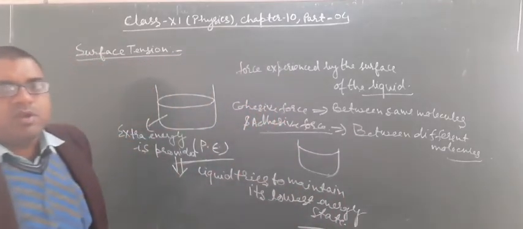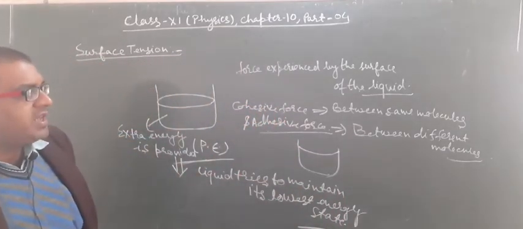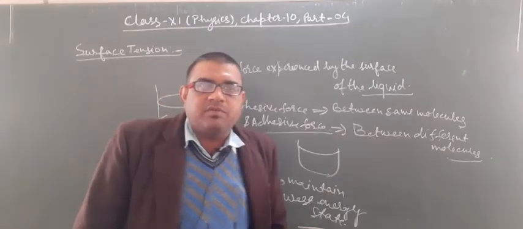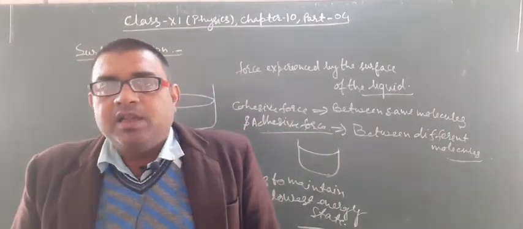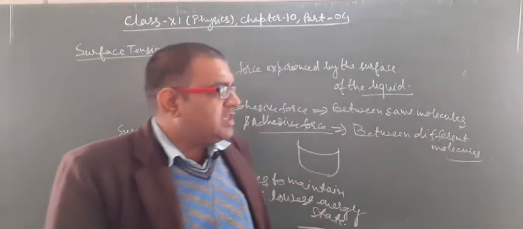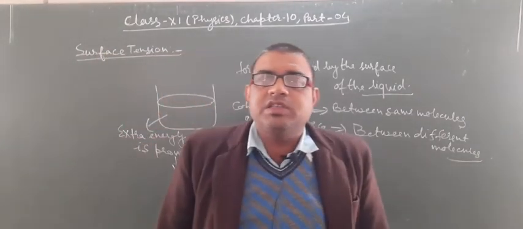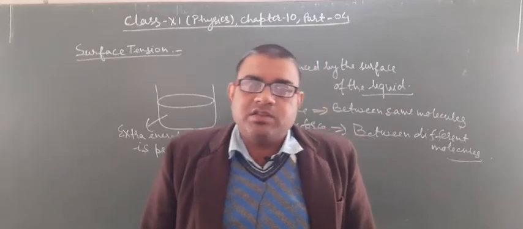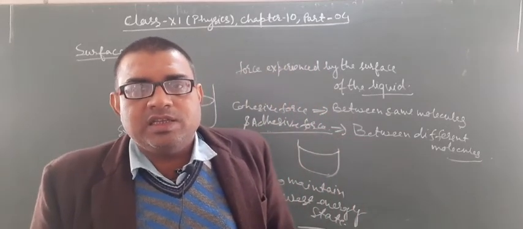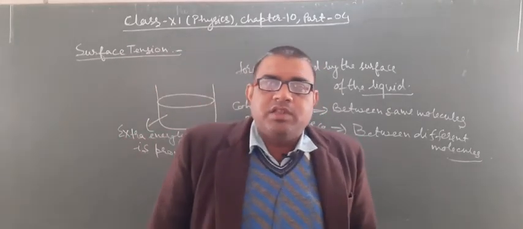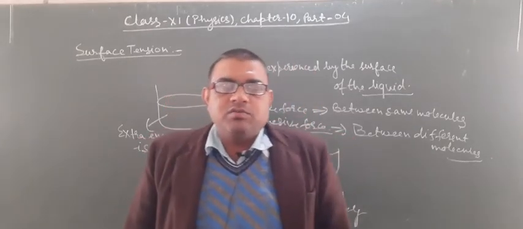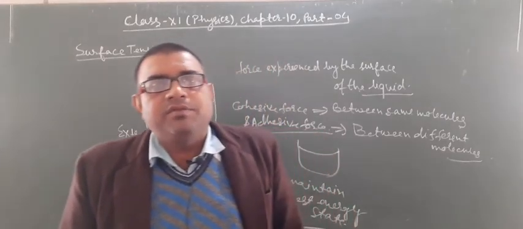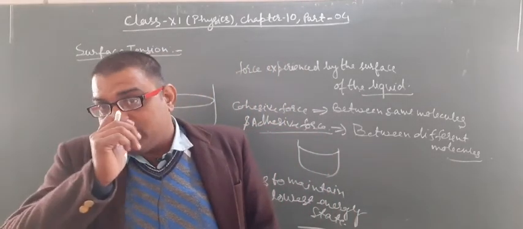Means they try to maintain a spherical shape, and as you know, when a body tries to maintain its spherical shape, then it has its lowest energy state, and each and every body in this universe tries to maintain its lower energy state. As you know, all of us try to remain in our lower energy state.